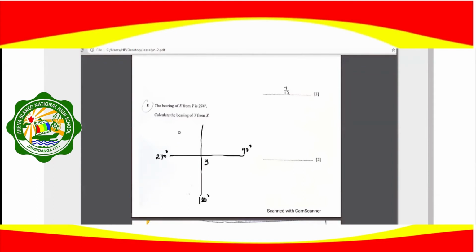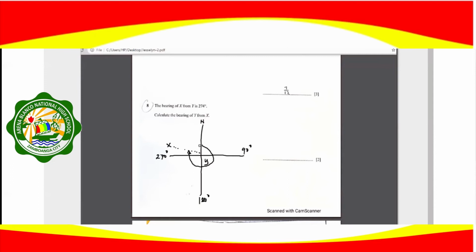This is 180. And this is 270, right? Yes. So if we are going to calculate the bearing of y from x, given that the bearing of x from y is 274, then x is here. Correct, Jesseline? Yes. Okay, so the bearing is always measured clockwise from your north line. So we always place our north from where we started.